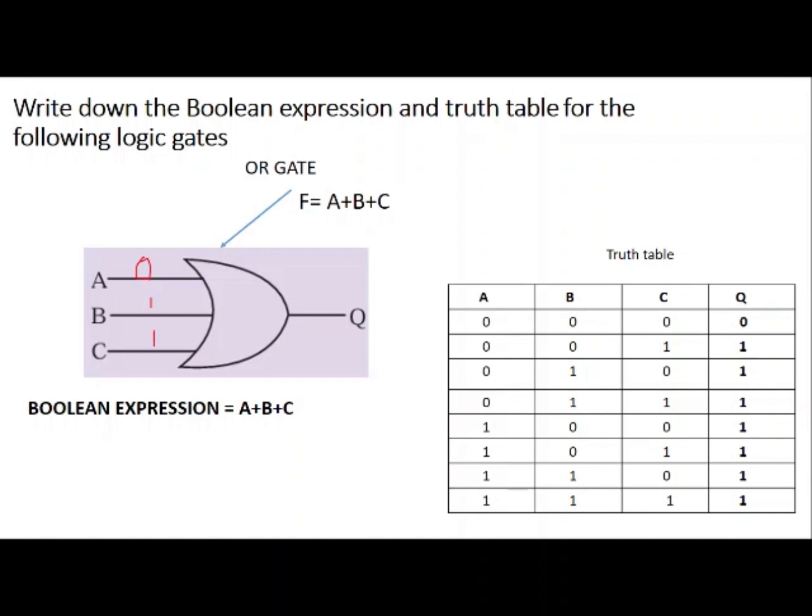0, 1, 1. Here 0, 1. So 0, 1, 1. Out of 3 inputs, 2 inputs are 1. So you can get the result as 1. 1, 0, 0. Still you can get the output as 1 as one of the inputs is 1. Here A and C are 1, therefore the output would be 1.